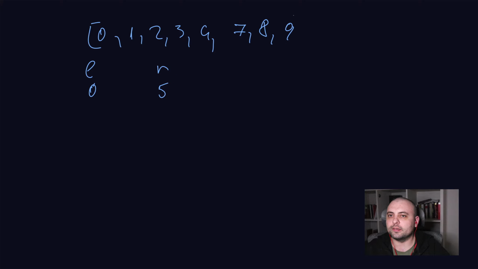Okay, so let me go here again. I have 2 pointers, left, let's say 0, and right being 5. And I have a couple of numbers, 7, 8, 9.